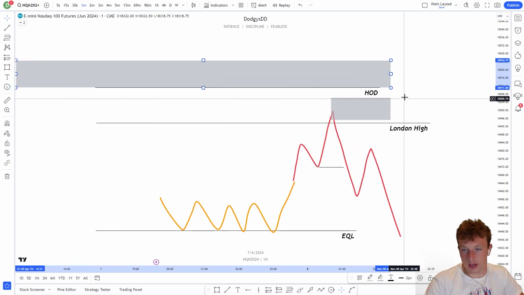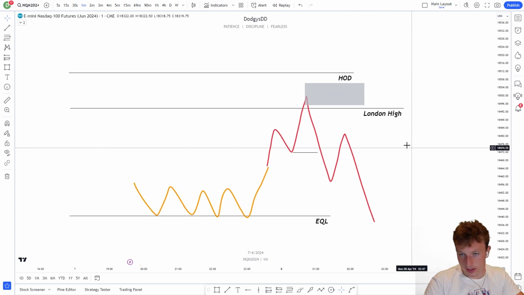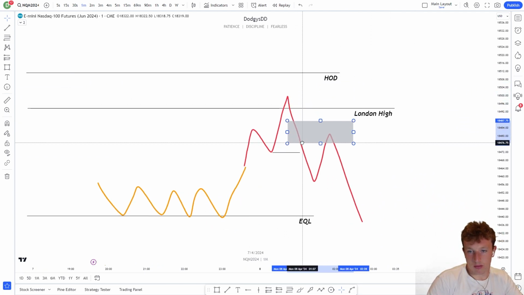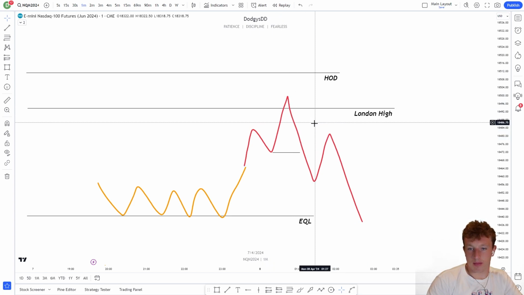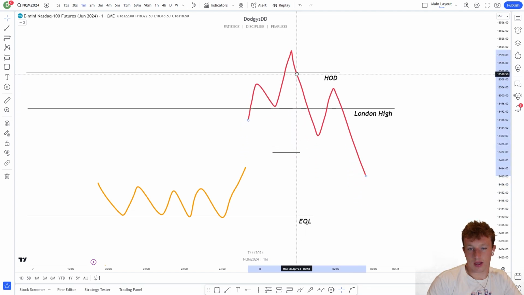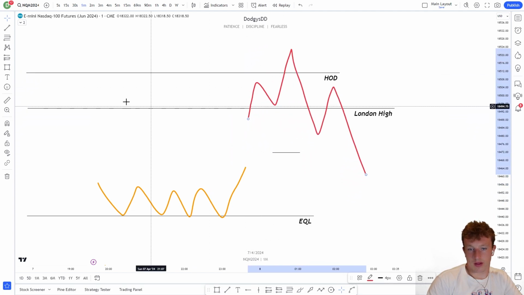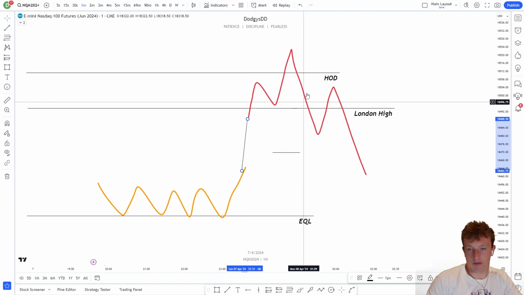But let's say there's no fair value gap over any of these. Sometimes you're just going to have to wait for the market structure shift at one of these levels, whether it be London high or high of day. Remember, if we don't really get a good market structure shift at London high, if we don't really shift structure there, then chances are we're probably going to keep running higher to a high of day.